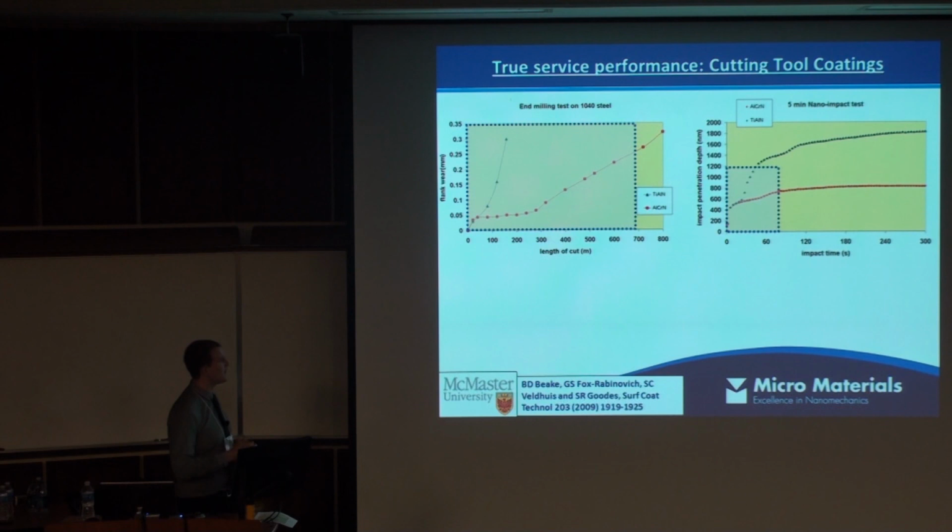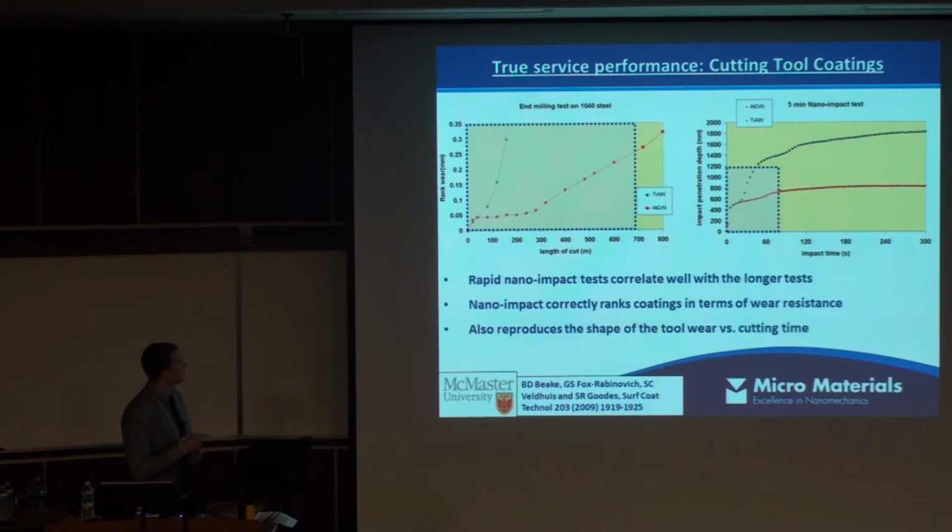You can see that the ranking of the two samples in terms of rate of wear is exactly the same as the end milling test, and also the shape of the wear, if you like, the speed of the wear, is exactly the same. So what this potentially allows us to do is rapidly evaluate new coatings in order to determine how they might perform in longer term tests, in order to reduce the amount of experimental time needed.